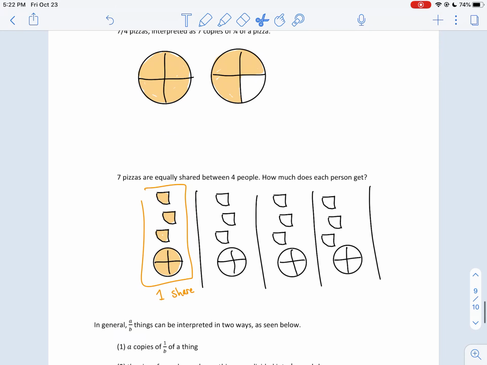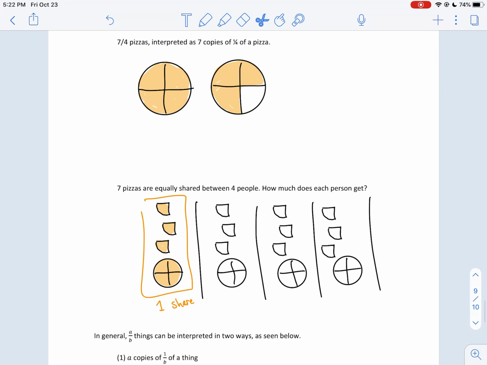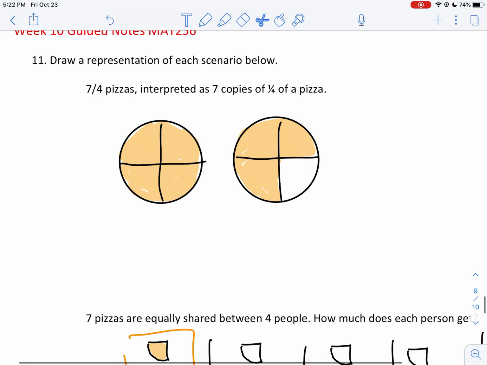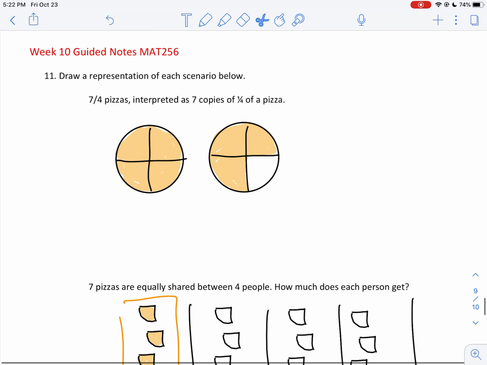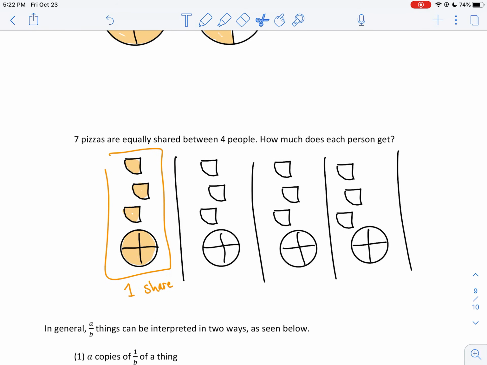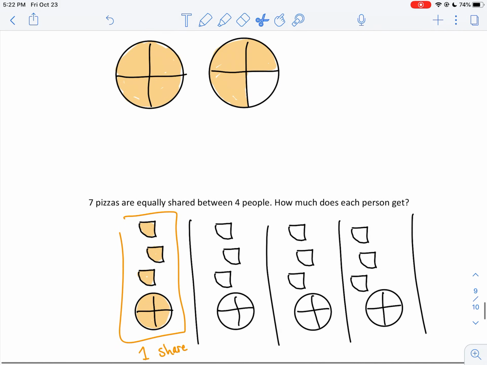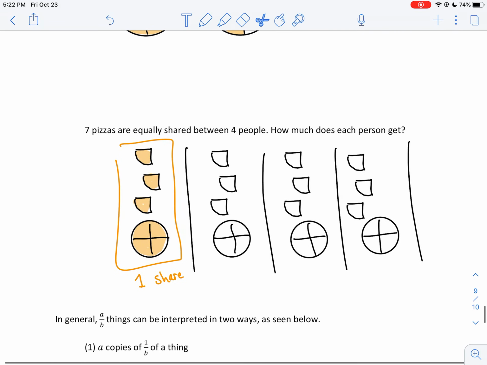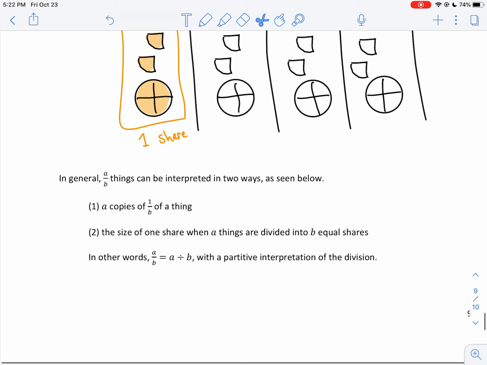It's the same amount. 7 1/4 and 7 divided by 4 produce the same amount, even though we got there different ways. To do 7 1/4, I started with 1/4 and copied it 7 times. And to do 7 divided by 4, I started with 7 and I started partitioning it into 4 equal pieces. And I wound up getting an answer. Notice that both amounts shaded are equal: 1 whole pizza and 3/4 of a pizza.